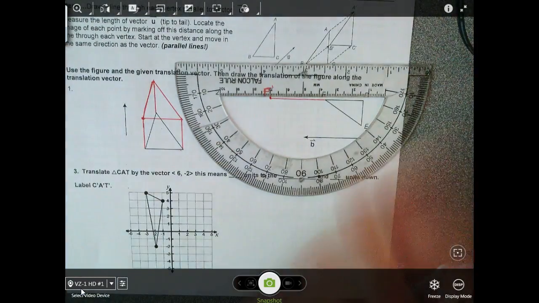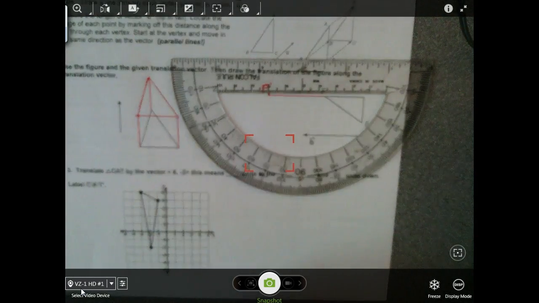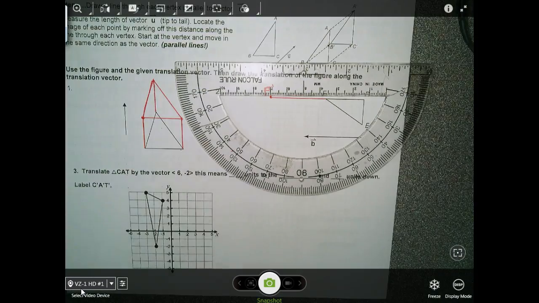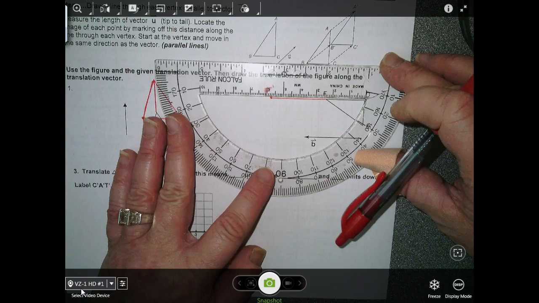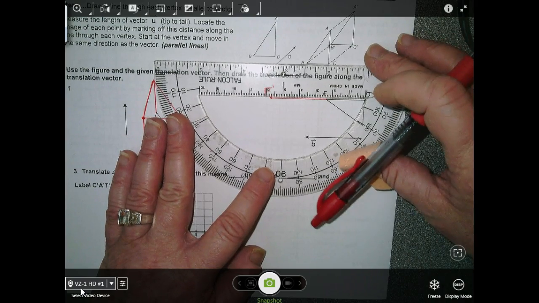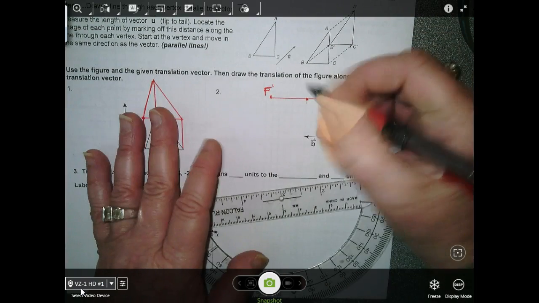Do the same to D. I turn my light on. Maybe that'll be a little better. So I got to do the same at D. It's kind of on the same line. So that's going to be D prime.